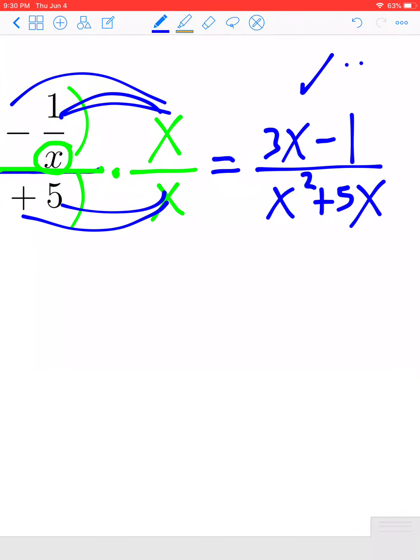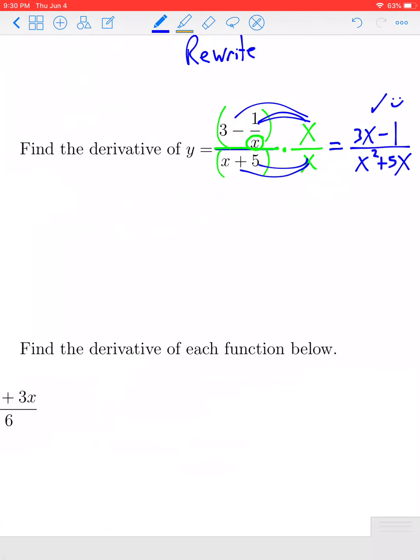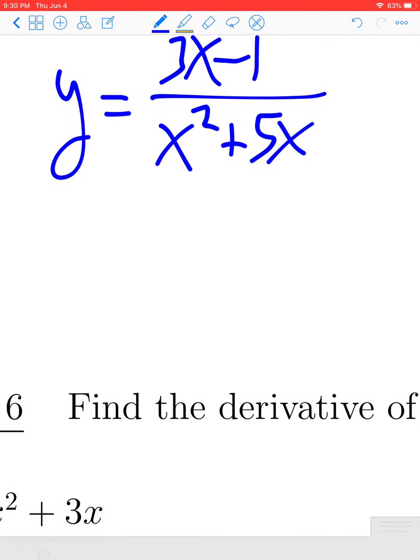This is now a common fraction, there's nothing complex about it, and in this form, it's going to be much, much easier to apply our quotient rule. So again, no calculus whatsoever quite yet. We're taking that crucial step of rewriting it first. We're simplifying complex fractions, and now we're going to apply the quotient rule.